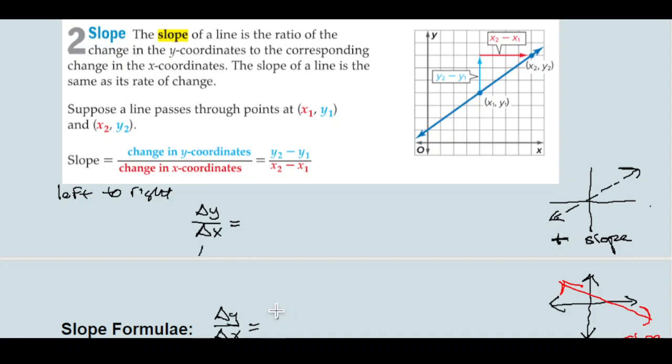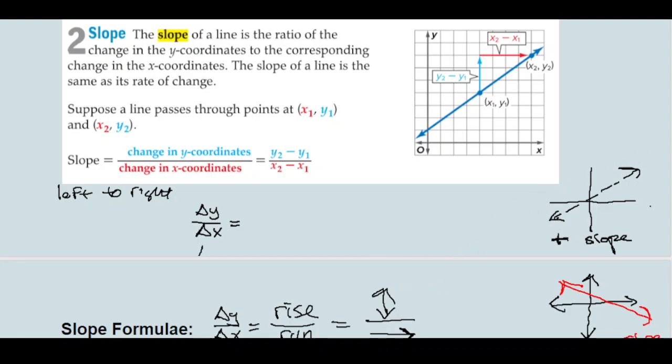Another way to think of it is rise over run: how much is this thing going up and down versus how far is it going from left to right. I like to think of it as left to right because that reinforces the whole positive negative slope thing. Just think of the direction you read in, and if you keep all that straight, it should make some sense for you.